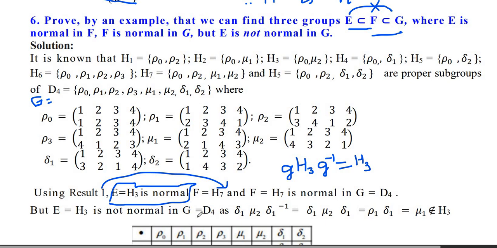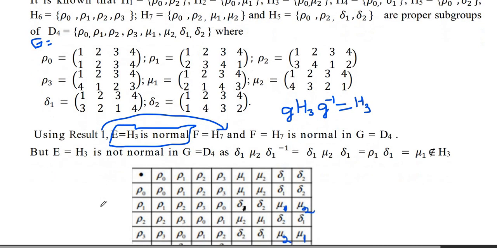G and G inverse should belong to N. The definition has to be used. But H7 is normal in G only follows from result 1. Even for this, E is normal in F, for that we can make use of result 1. We don't have actually H3 to be normal in D4.